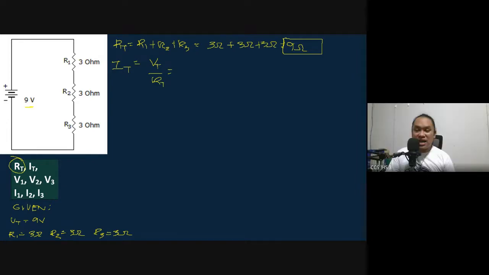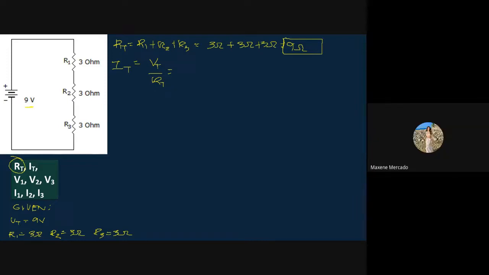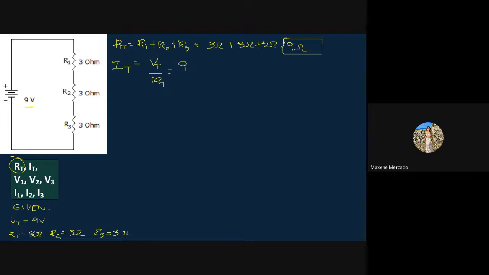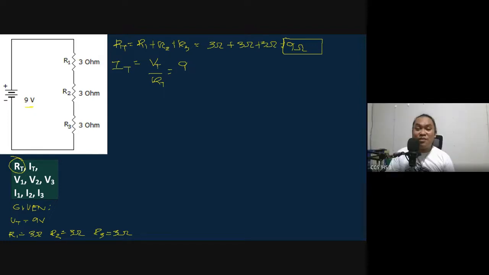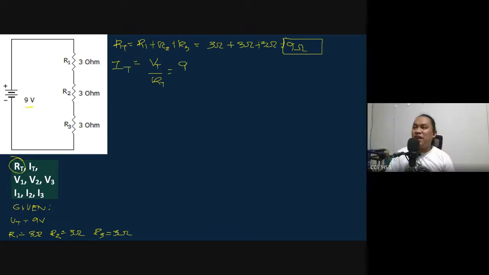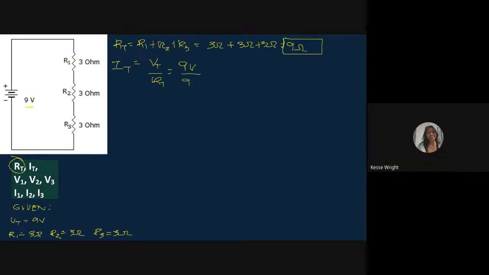What's the value? 9 volts. Very good. Then, do we have the value for our total resistance? Yes. 9 ohms. Very good.